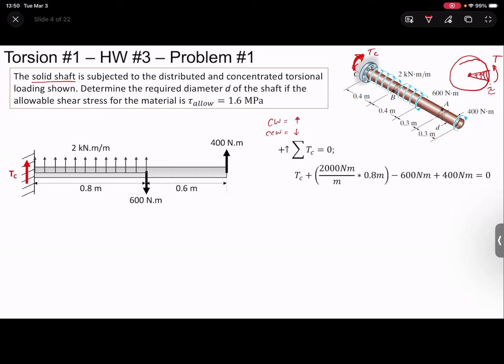And we're going to say this up direction is the clockwise or positive direction. And so our static equation looks like this, and our distributed torque of 2 kilonewton meters per meter is shown by that resultant force here. So this is the resultant of the distributed torque.